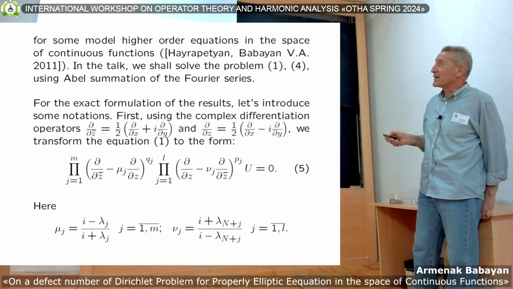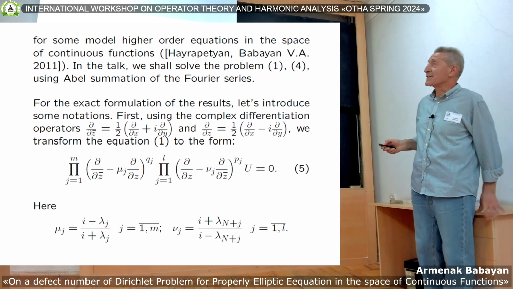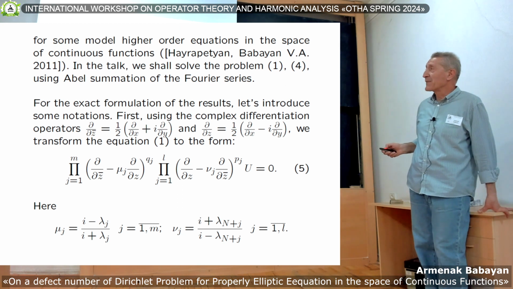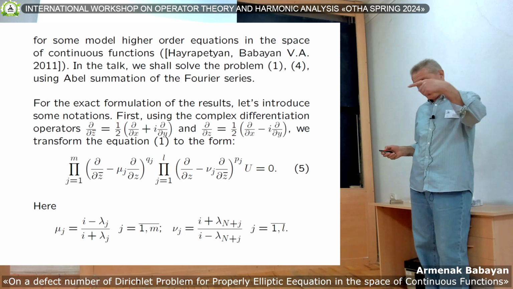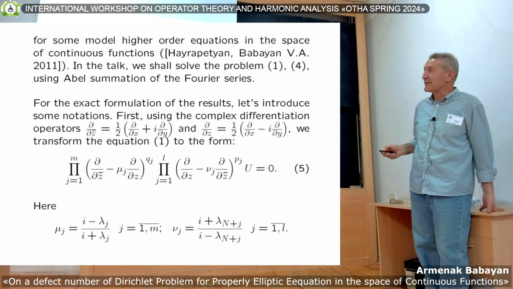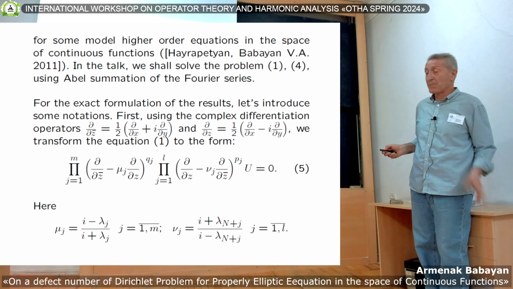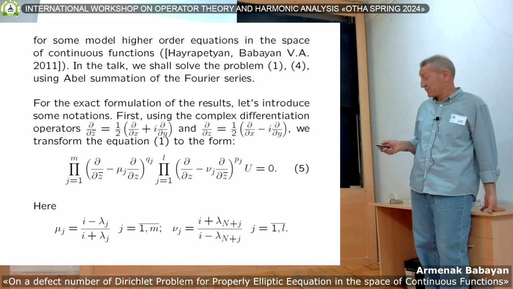First of all, using this complex differentiation operator, we can transform the equation to this form. Here, mu g and mu g are constructed using lambda g, the roots of the characteristic equation. If lambda belongs to the upper half plane, we get this one, and if the lower half plane, mu g will be so. So mu g and mu g are both less than 1 by modulus.